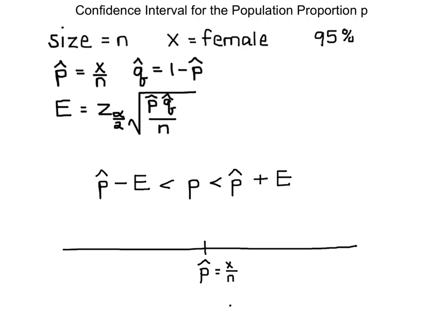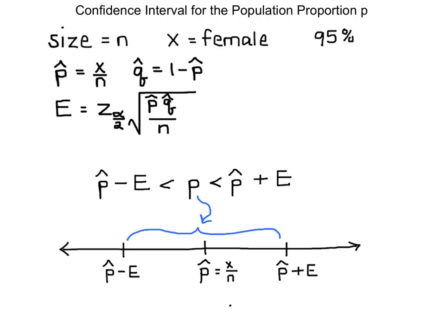The actual population proportion would exist somewhere in the interval between p hat minus our margin of error, and p hat plus our margin of error. Somewhere in here is where we would expect to find the actual population proportion, P.